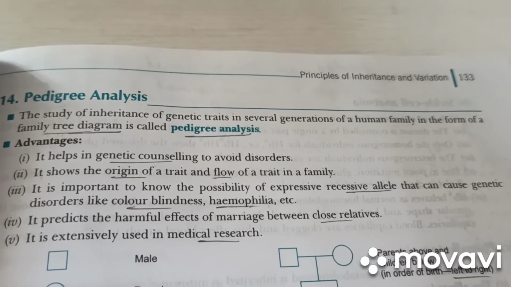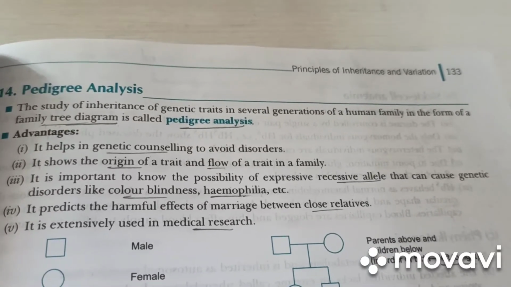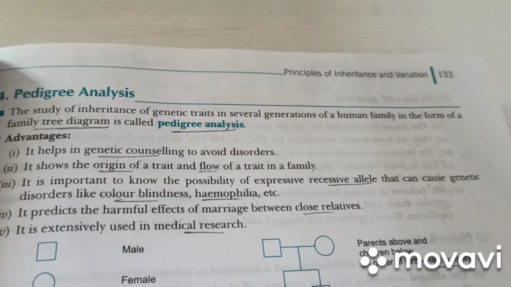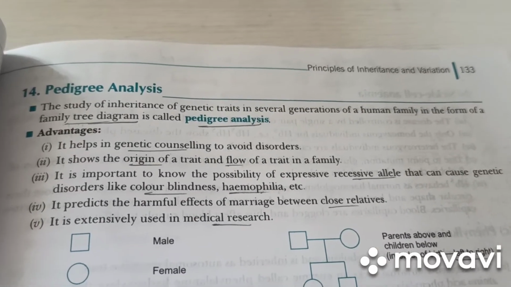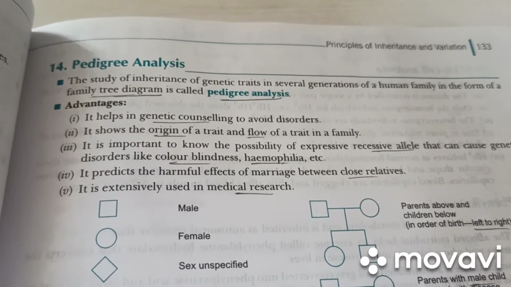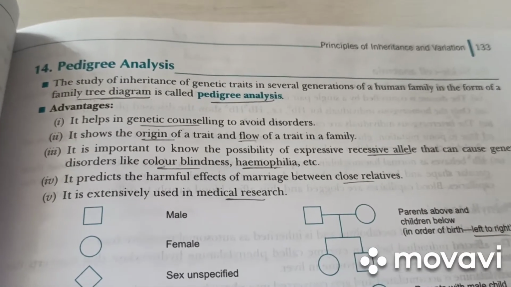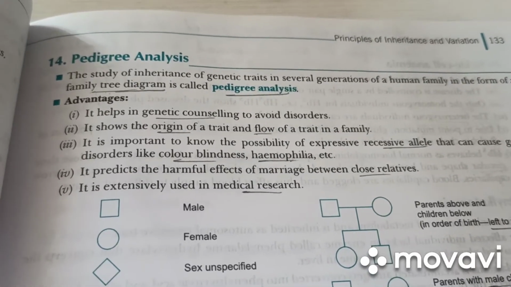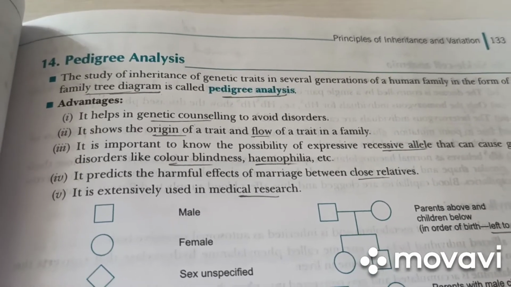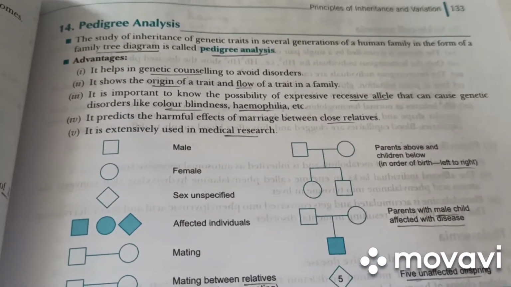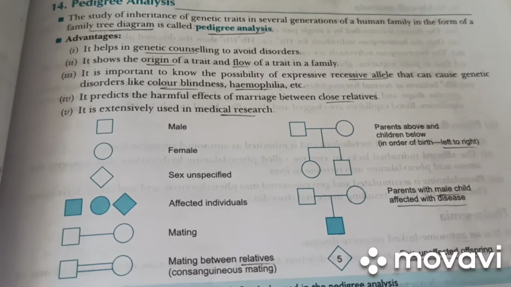The next, it predicts the harmful effects of marriage between close relatives. The next, it is extensively used in medical research. So this pedigree analysis, making this family tree diagram, is very helpful.